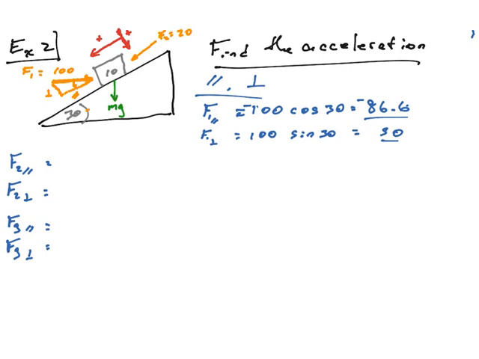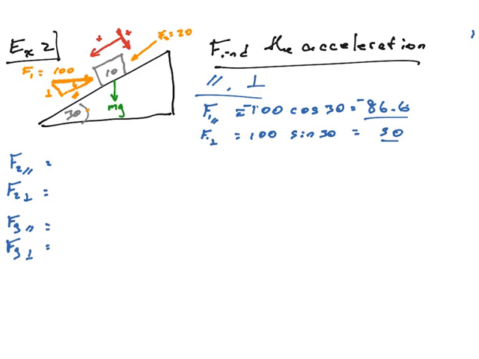Well, you're going to find it doesn't matter here, but if I'm going to be correct, if I push on this block straight to the right, does that make the box want to go into the floor or pull up off the floor? Well, obviously, if I'm pushing the block straight to the right, it's trying to make the block go into the floor. For my perpendicular direction, I made into the floor positive. So this is positive. So positive 50 is fine. So F1 is taken care of, completely finished.